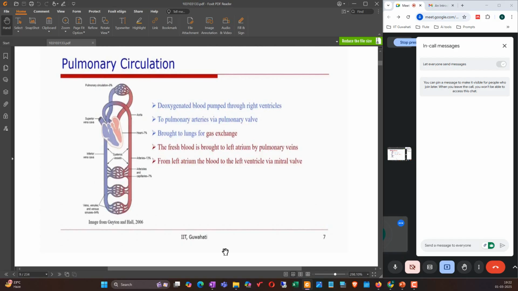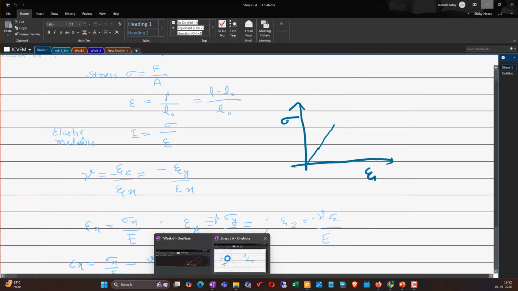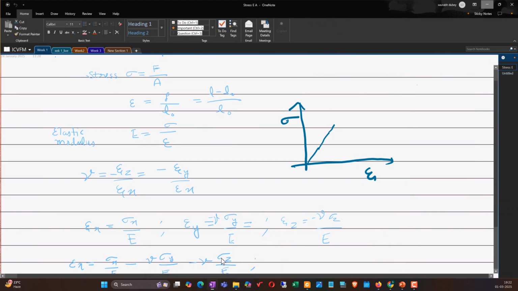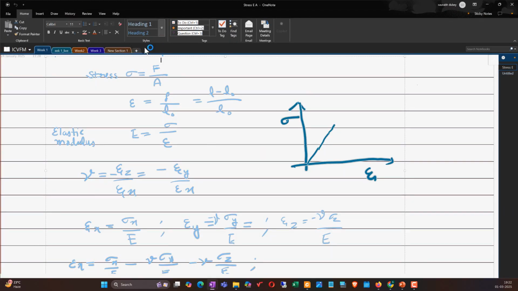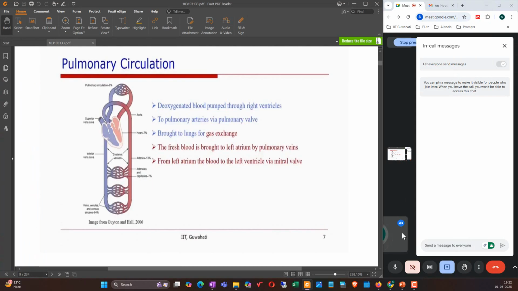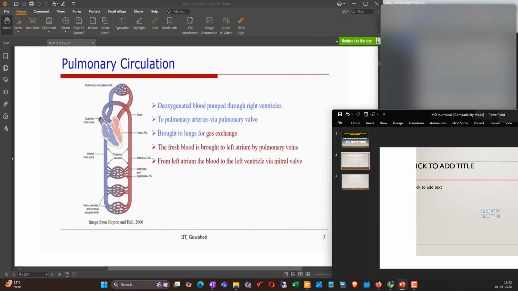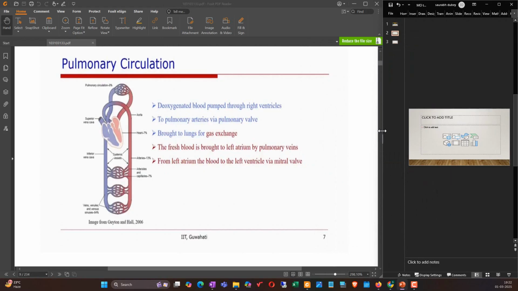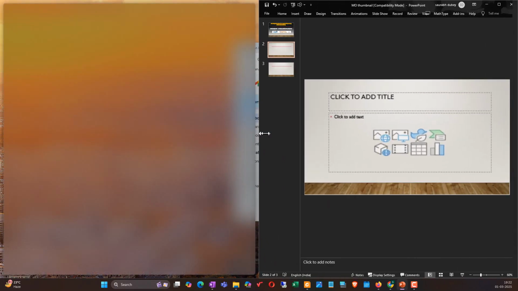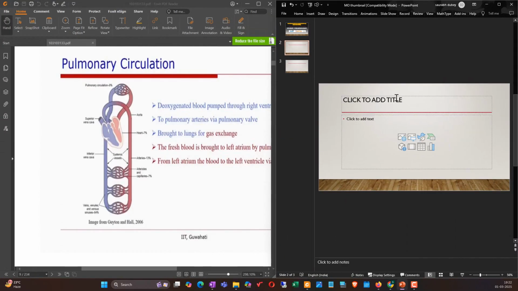So if I write down what the important things are, let me just make one slide. I will be pointing out some important points that could be important in the examination.